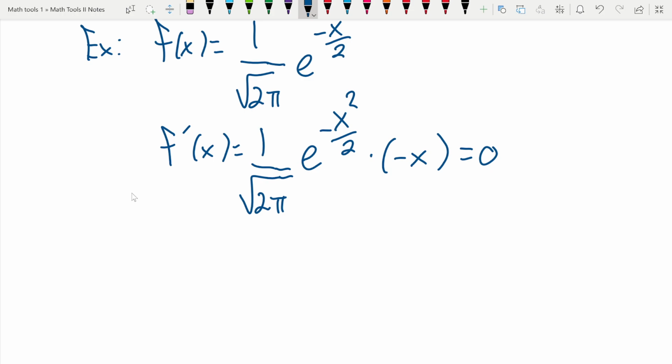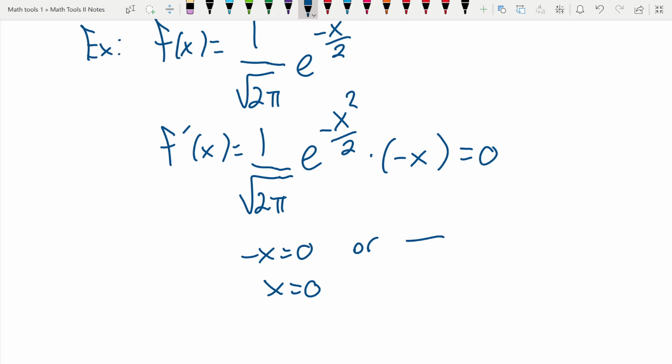So now, again, with the zero product rule, we say either negative x equals 0, or the rest of it equals 0. I won't even necessarily write it because we know that can't be 0 because e to anything can't be 0. So there's not even really a reason to look at that. All right, so this is just going to be x equals 0.